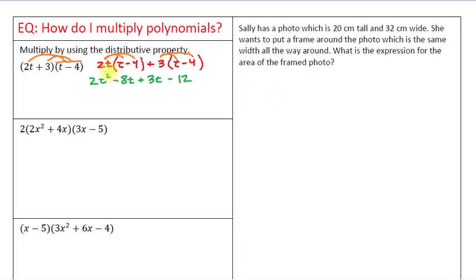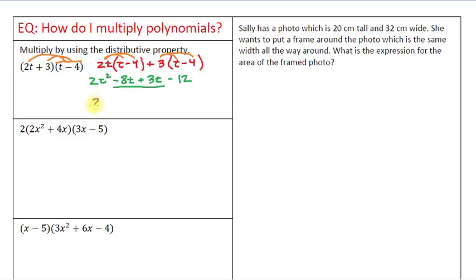And now we have multiplied our monomials times our binomials. Now you'll see we've got a squared term, a t term, and a negative 12, a constant. These two middle terms are like terms because they both have the same variable with the same exponent, which in this case is just 1.